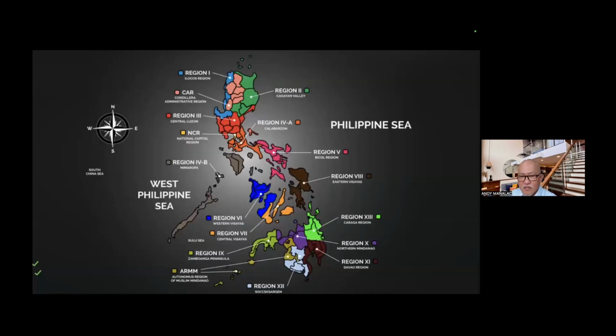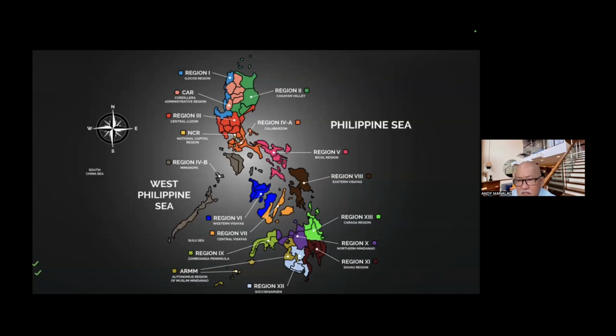Of course, not everyone still remembers their, what's this, social studies, no? Okay, so just a review, we don't have to master all the regions, but for now we'll focus on NCR, Region 4A, Calabarzon, and Region 3, because these are the regions that you might want to really take a closer look at.